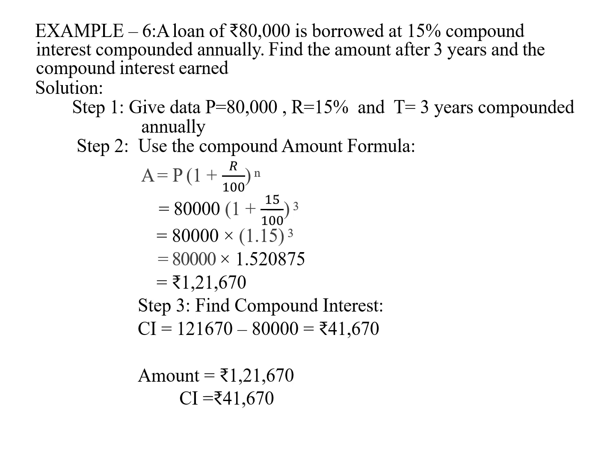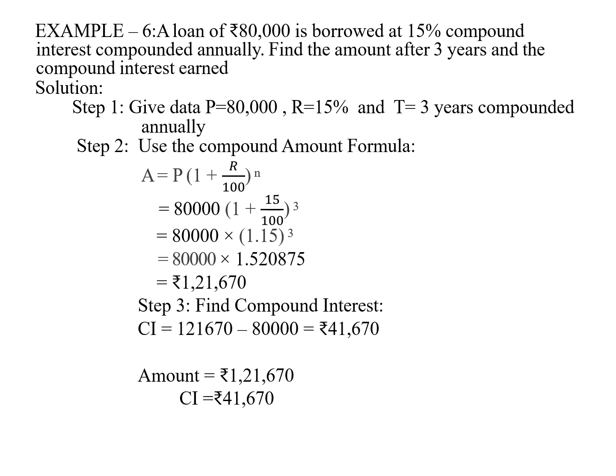Next, we are going to find compound interest. Since we know the amount and the principal amount, it is easy to calculate compound interest. The compound interest formula is amount minus principal.